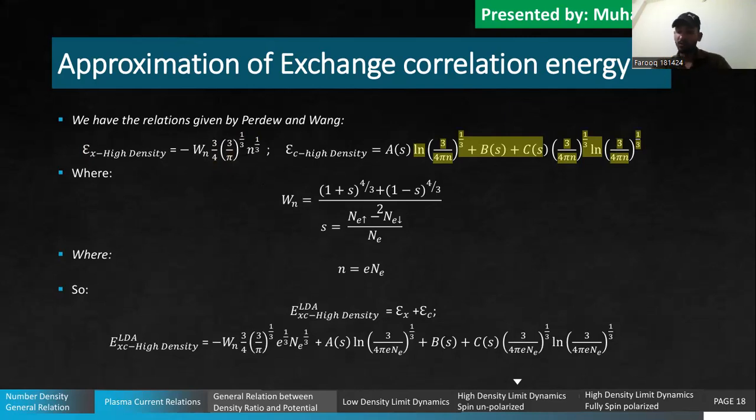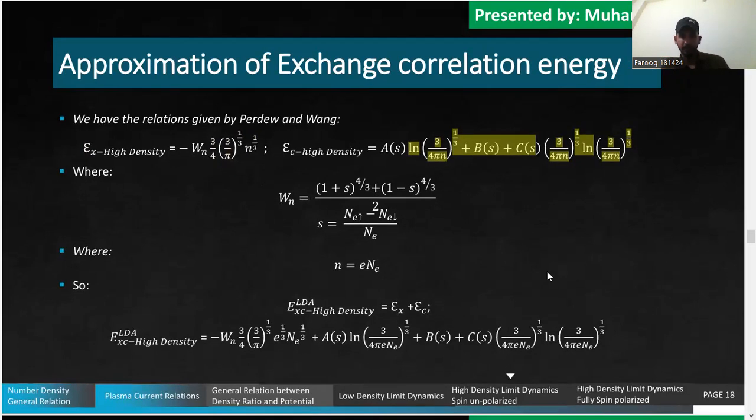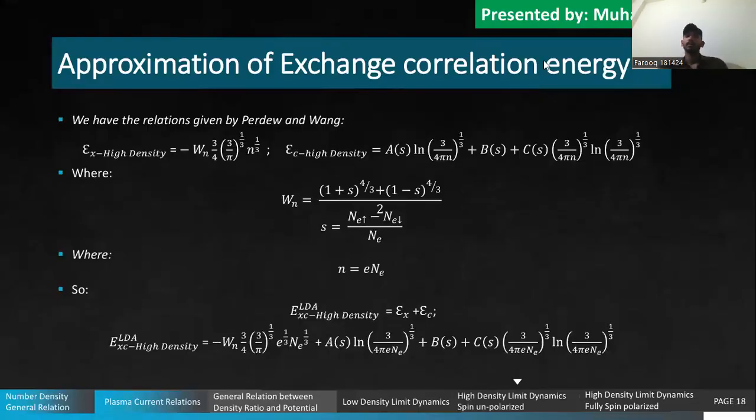The formula used for the low density limit dynamics is not useful here. So we are using this logarithmic formula for the correlation function. You can check that the exchange functional is only changed by a single parameter Wn. The other function is similar to that in the low density dynamics.